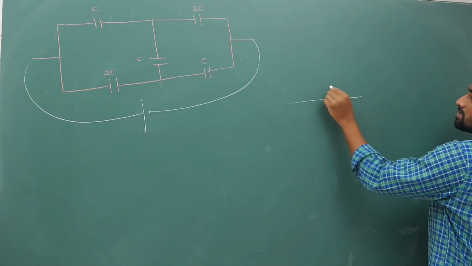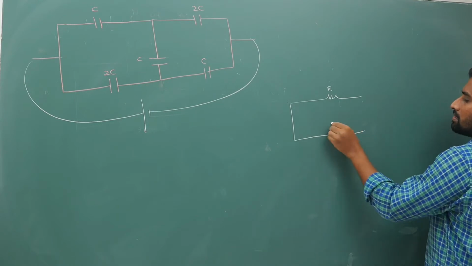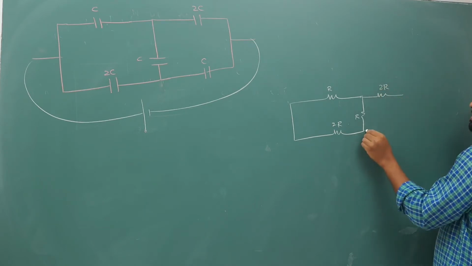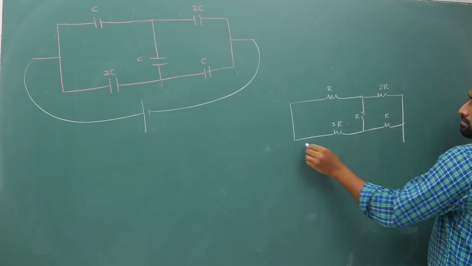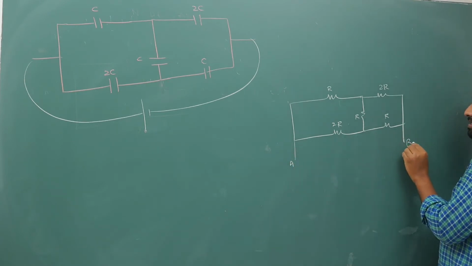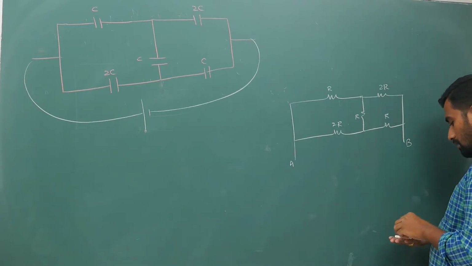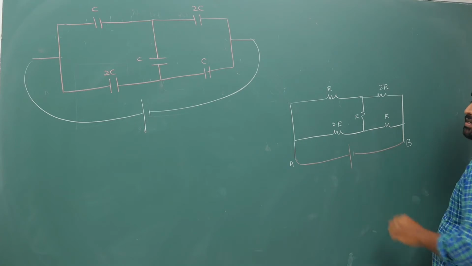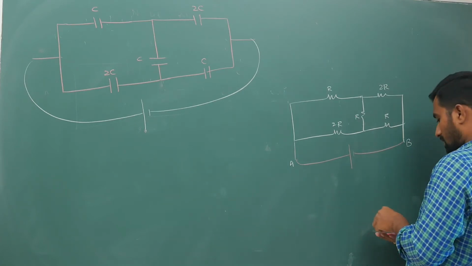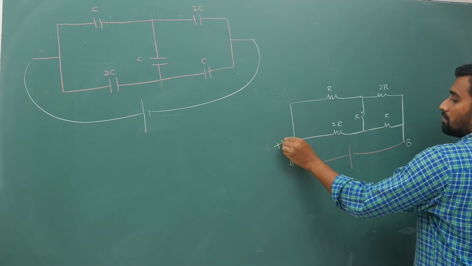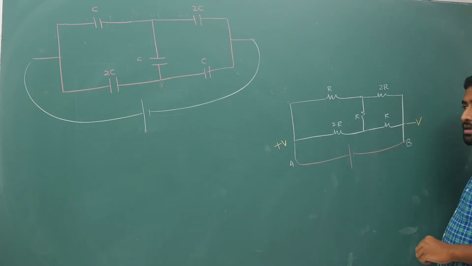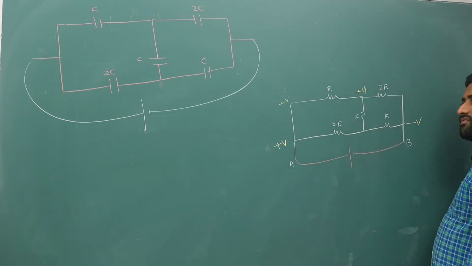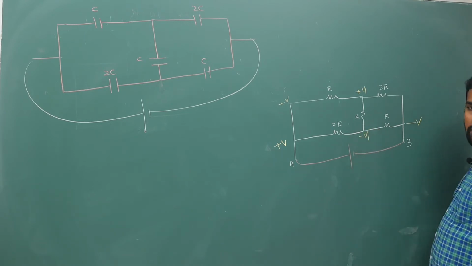For the resistors, if we have R, 2R, one more R here, 2R here, R here, and this is A and this is B, if you connect this to a battery, this is plus V, this is minus V. From the positive side after R we keep plus V1, from the negative side after R we keep minus V1.